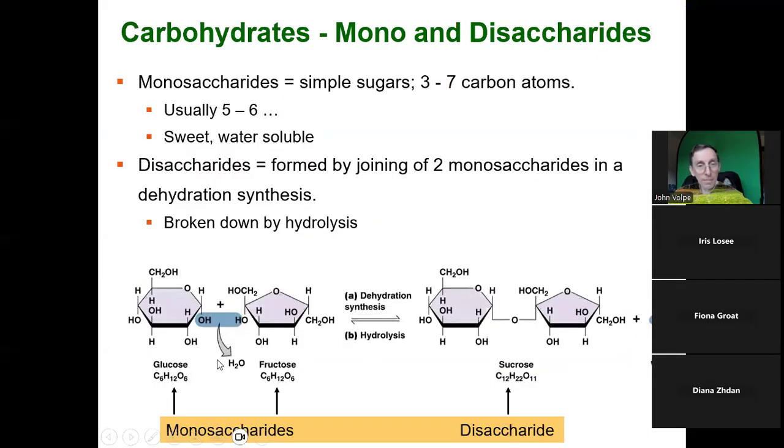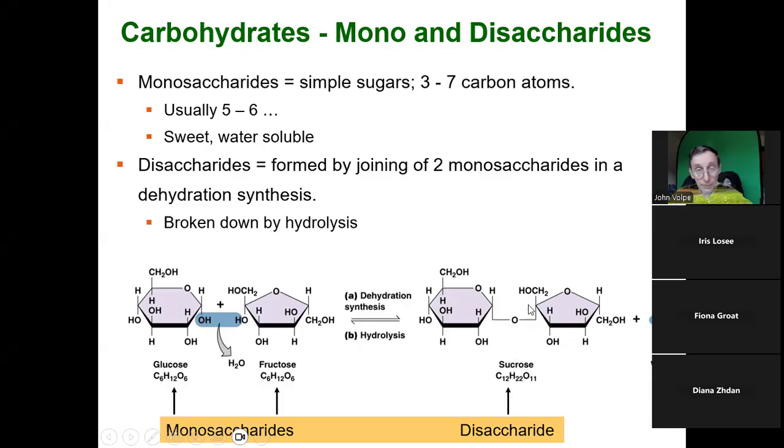So here we have glucose, a simple sugar, joining together with fructose in a dehydration synthesis where water comes off this molecule and this molecule, and then that carbon there binds directly to this oxygen here to make the disaccharide sucrose, which we call table sugar.